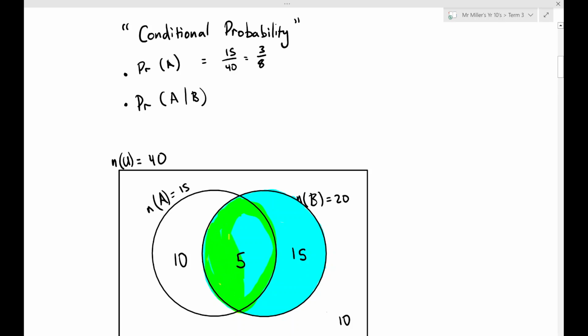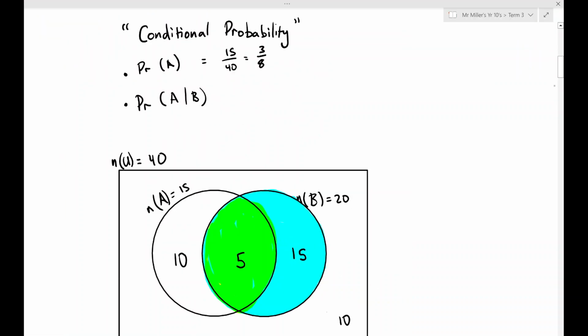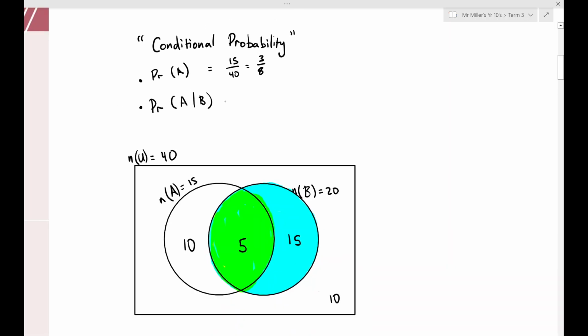Well, you can see the probability that we have an apple given we have a banana: there's a total of 20 students who brought bananas to school. Given those 20 students who brought bananas, 5 of them brought apples to school.